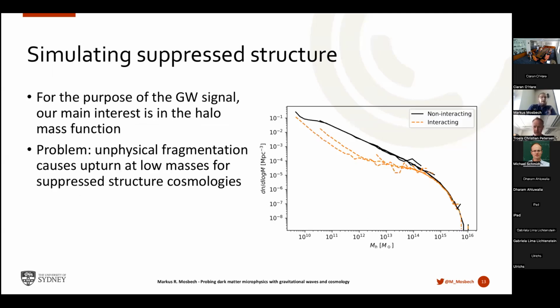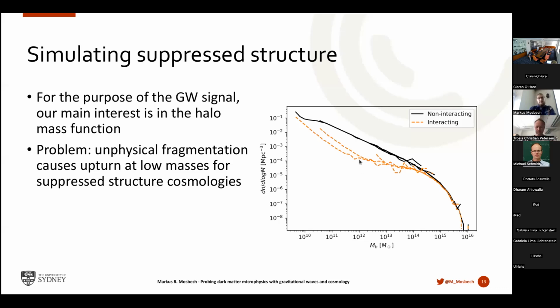There are some hiccups when it comes to simulating suppressed structure, namely that when you put this into an N-body code, because you have a finite number of particles corresponding to 10 to the something solar masses of matter each, if you have too little structure you get what is called artificial fragmentation, which creates spurious mini halos on very small scales.